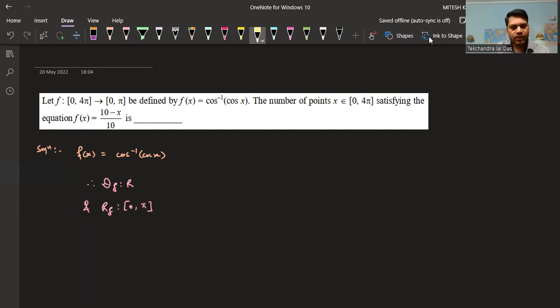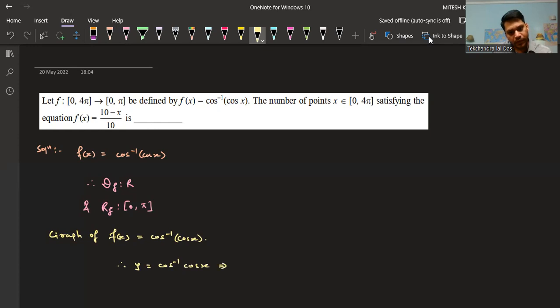Now, to draw the graph of the function, we suppose f(x) as y. So let me discuss the graph of f(x) equal to cos inverse cos x. Just take y equal to cos inverse of cos x.